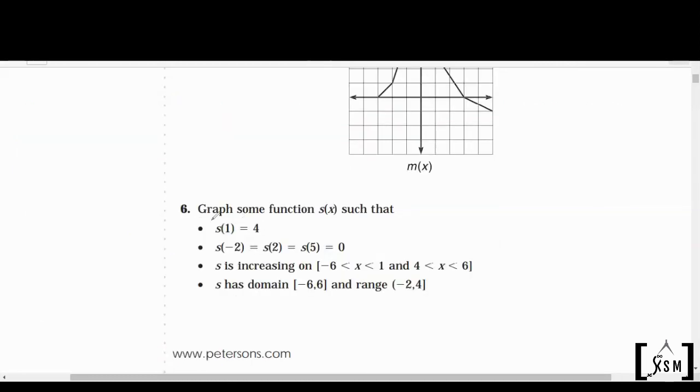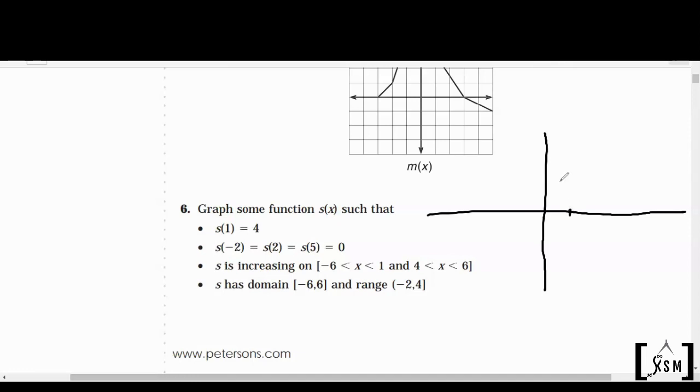Question number 6 is saying graph some function S(x) such that S(1) is 4 and this condition. S is increasing on this and S has a domain of this. So let's try. S(1) is 4 means the graph should have a point 1 comma 4, because when x is 1, y is 4.